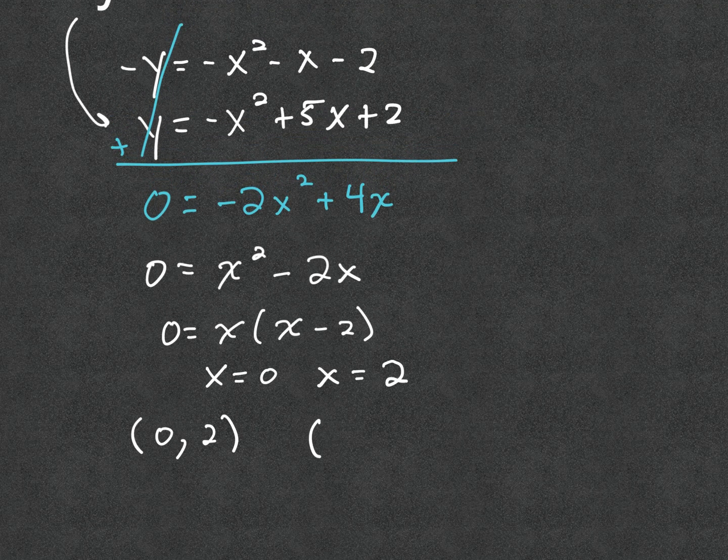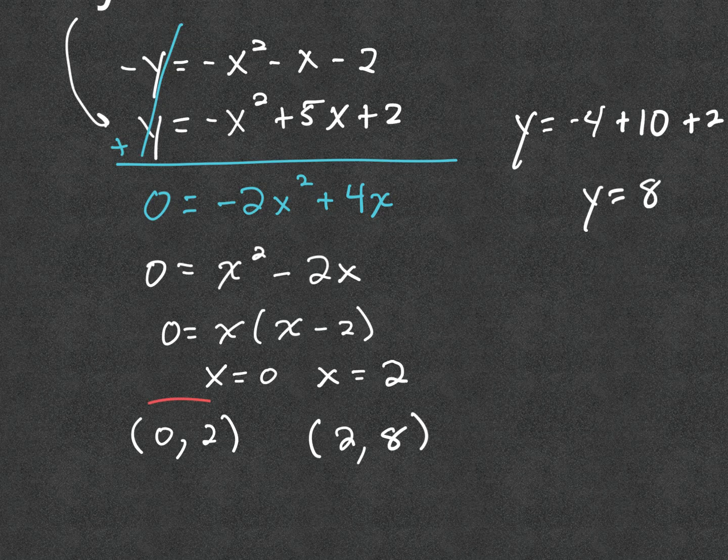If x is equal to 2, in the second equation I get y equal to negative 4, because 2 times 2 is 4 but the negative is negative 4, and 5 times 2 is 10, and then plus 2. So we get y equal to 8. So we got 0, 2 and 2, 8 in point form.